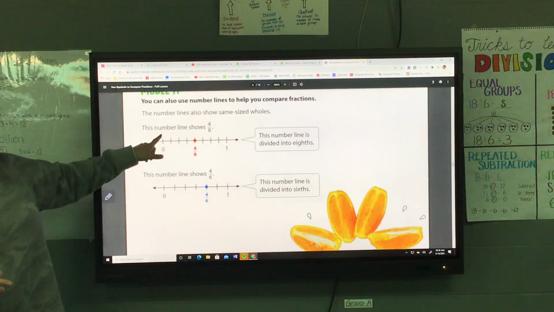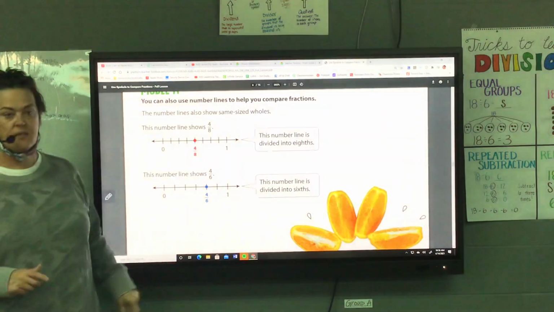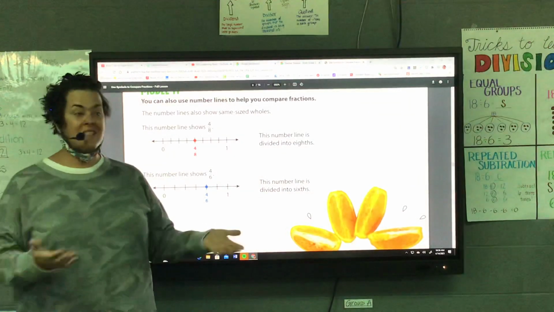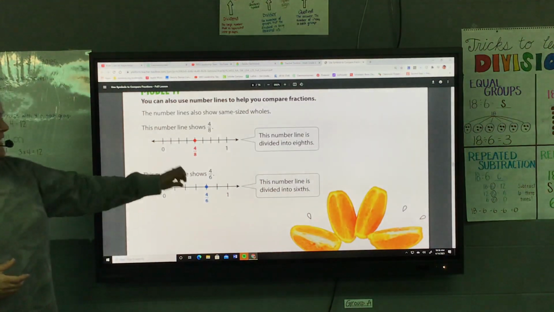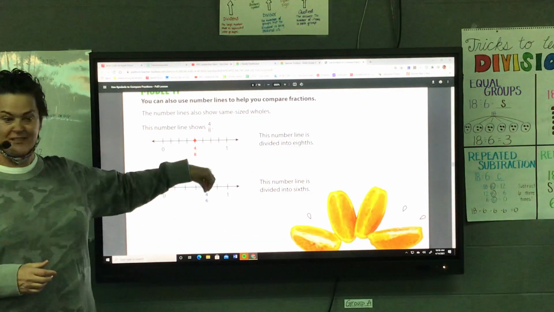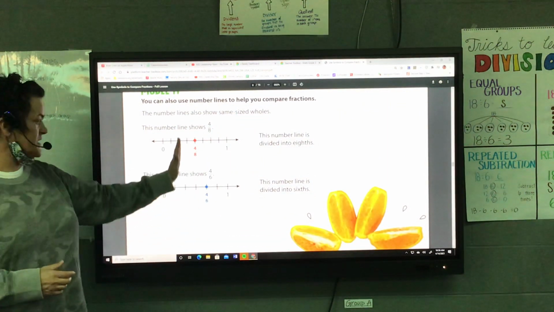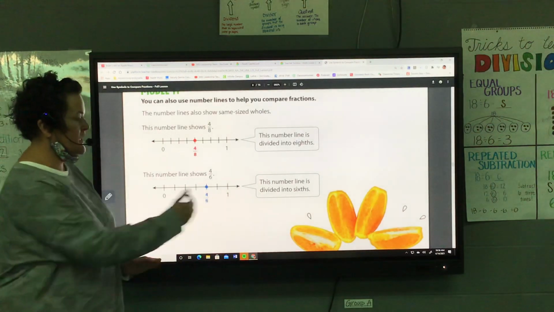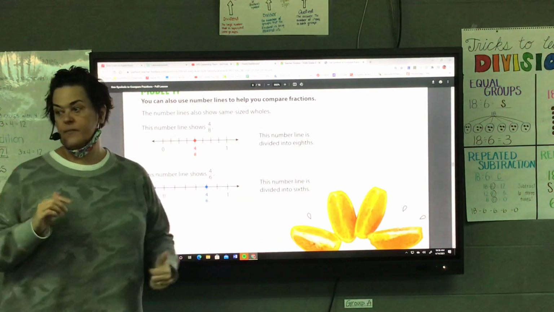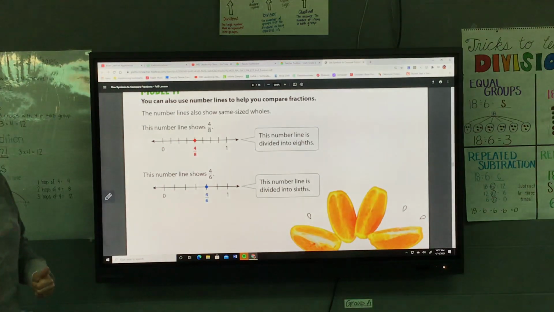This one's broken up into how many equal parts? 8. And this one needs to be broken into 6 equal parts. Then wherever I plot that dot for each of those, I can see which one is closer to being 1 whole. That tells me which one is greater.